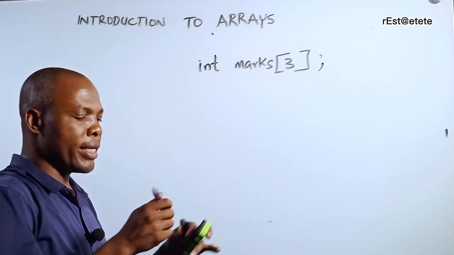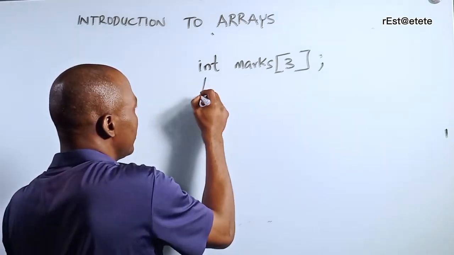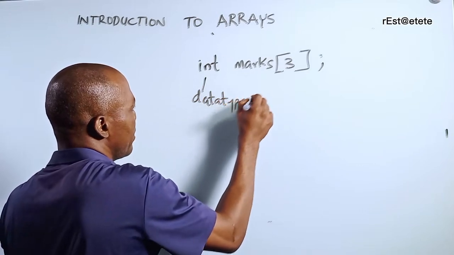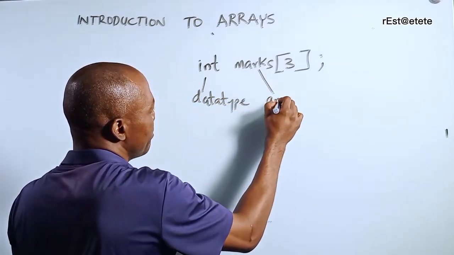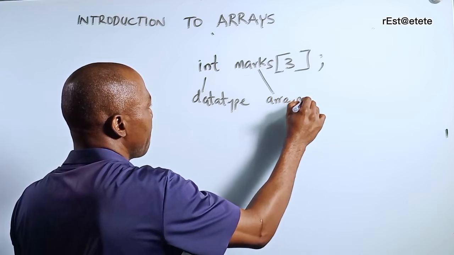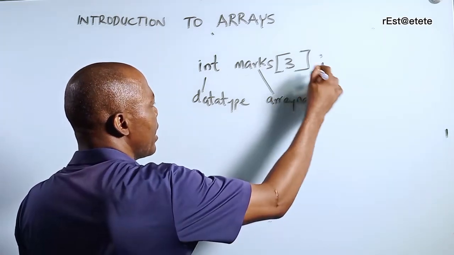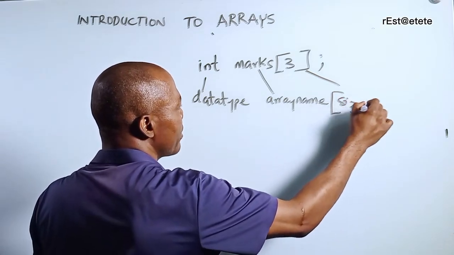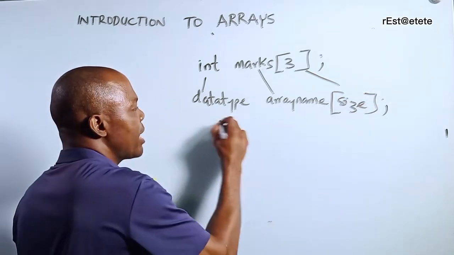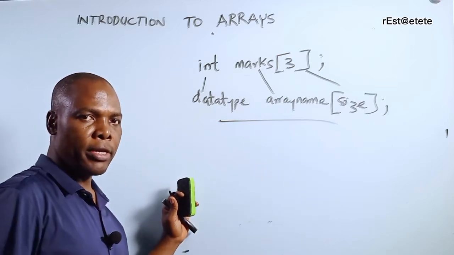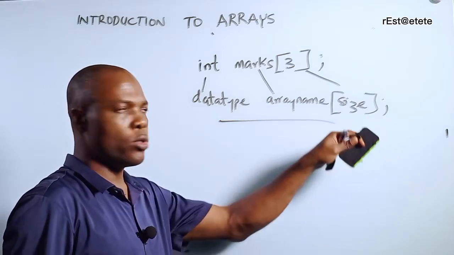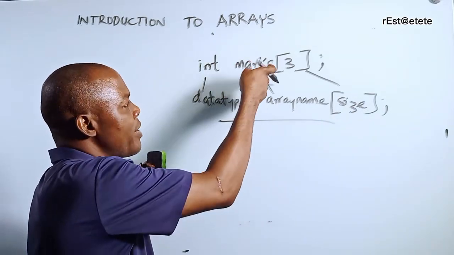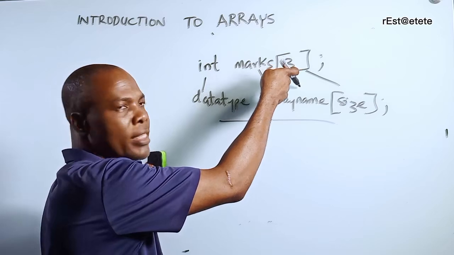So this is me declaring an array: this is the data type, this is the array name, and this is the size of the array. This is actually the syntax for an array. You use a square bracket to enter the size. So what this is saying is that I have declared an array called max, expecting 3 elements.